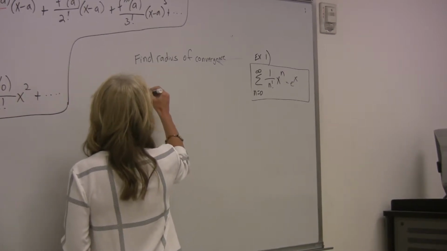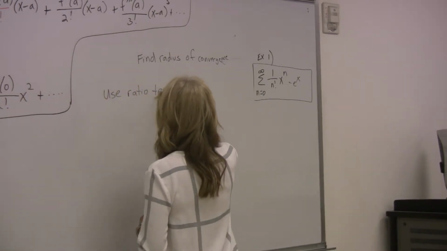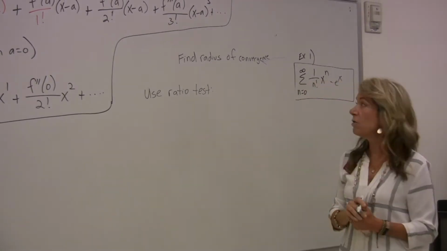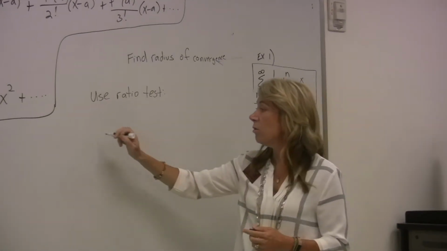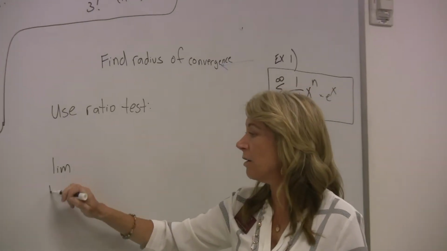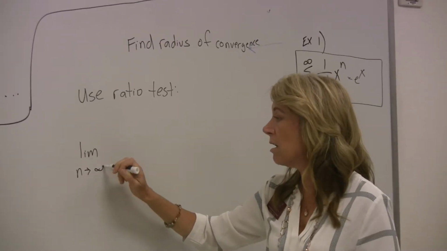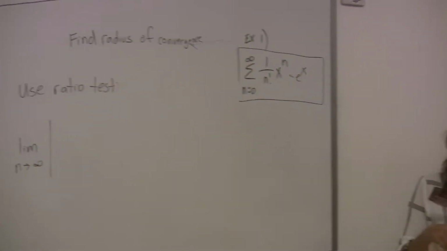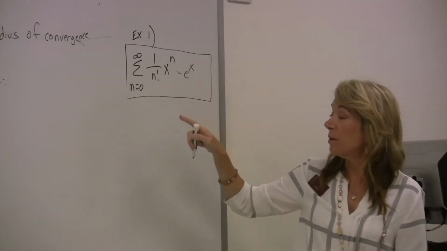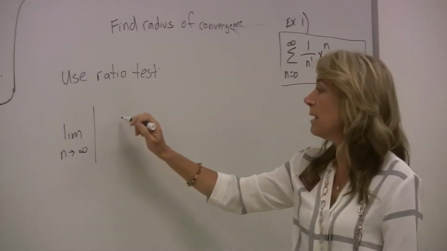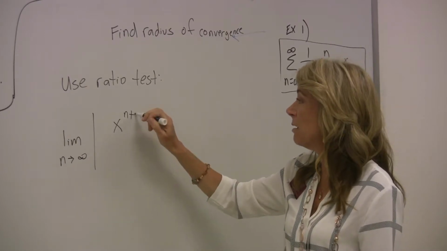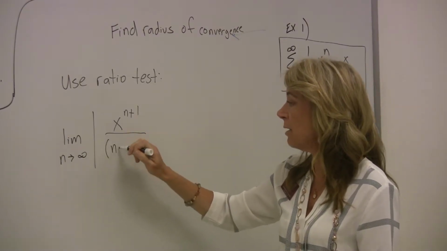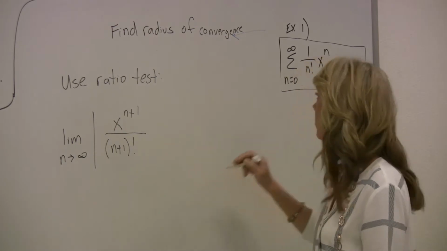Just like we did before, no different. We're going to take the limit as n goes to infinity of the n plus first term over the nth term. So I'm going to start with the n plus first term. That's x to the n plus 1 over n plus 1 factorial.